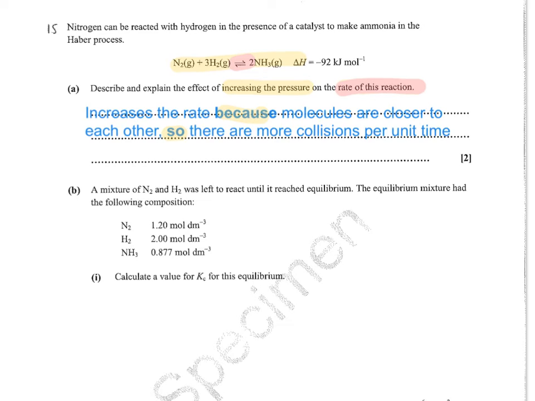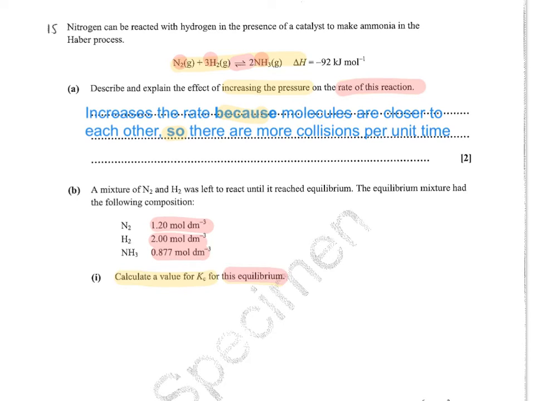The next part asks you to calculate a value for Kc for this equilibrium. In other words, for this equilibrium means the one that has these particular values. So at equilibrium, those are the concentrations of each of the individual components: your NH3, your H2, and your N2.